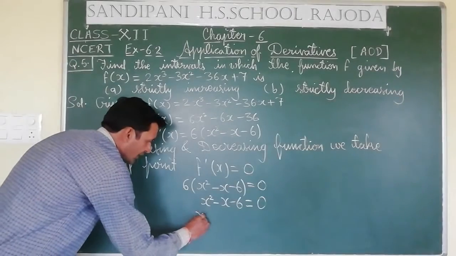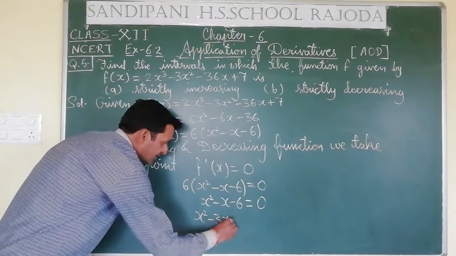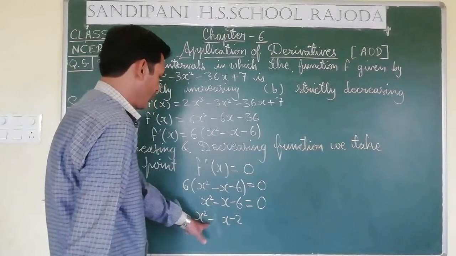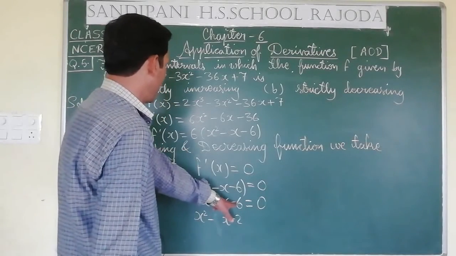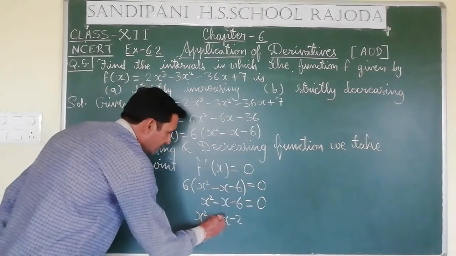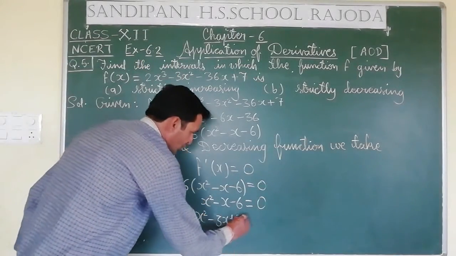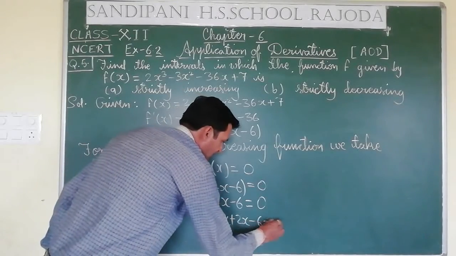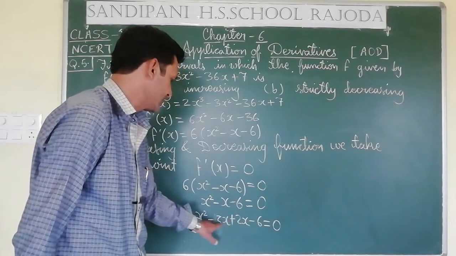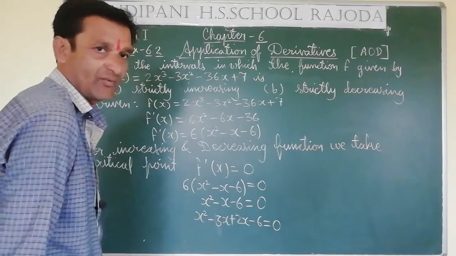Now x square minus 3x plus 2x, first of all it is minus 6 here. So 3 into 2 is 6 and 3 minus 2 is 1. So minus 3x plus 2x and then minus 6 is equal to 0. It will be minus x, minus 3 into plus 2 is minus 6 and minus 3x plus 2x is minus x.